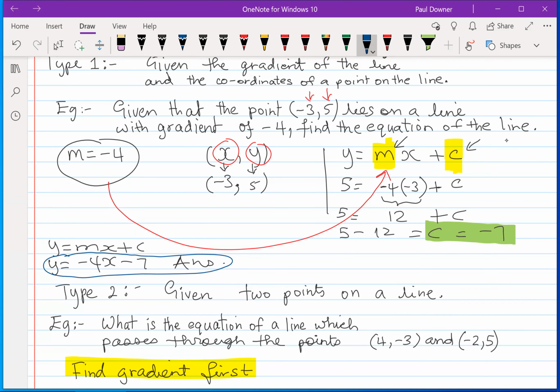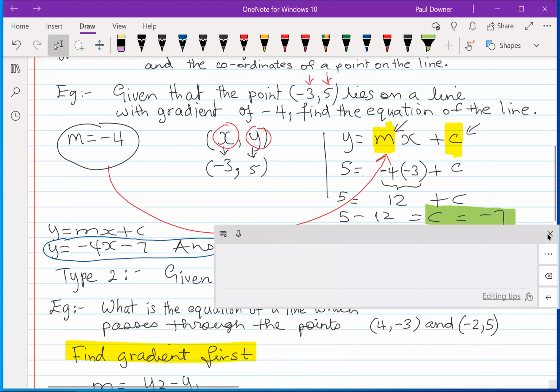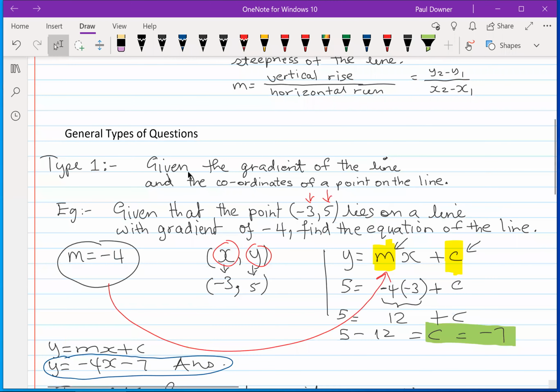Okay, so this is the first type, right? Let's recap. This is the first type where you're given the gradient of the line, which was minus 4 in this case, and the coordinates of 1 point. The coordinates they gave us was minus 3, 5. This is an x value, that's a y value, right? So we substitute x here as minus 3.